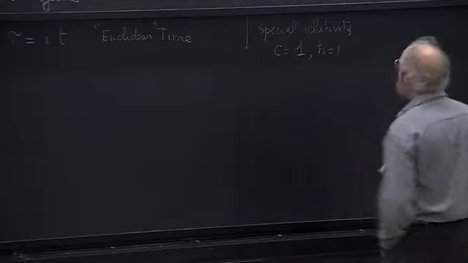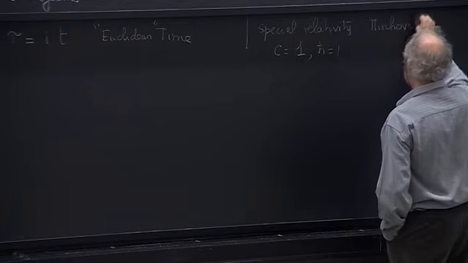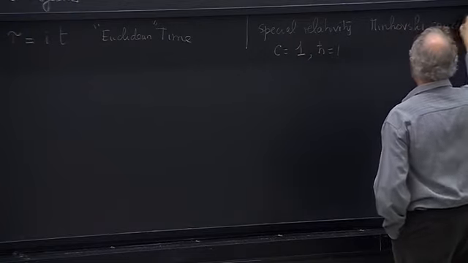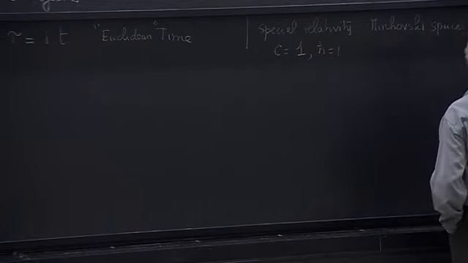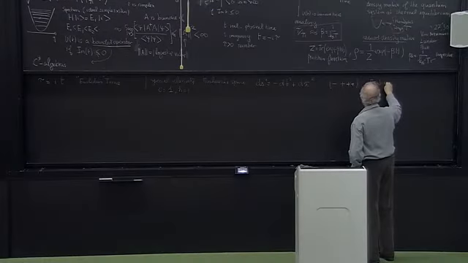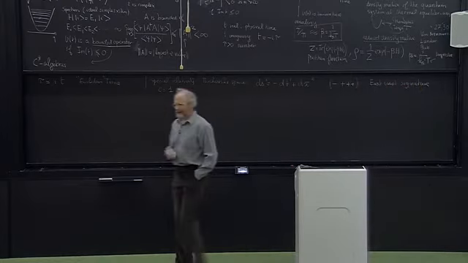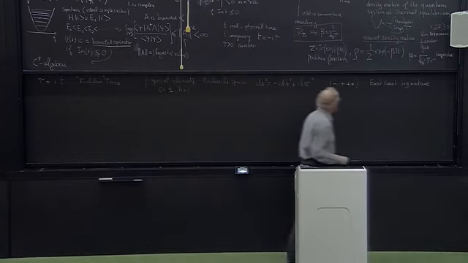And so the line element in Minkowski space is ds squared equal minus dt squared plus dx squared, where I'm using this choice of signature, which is called, I think, the East Coast signature, because it is used by Weinberg and people in this part of North America.